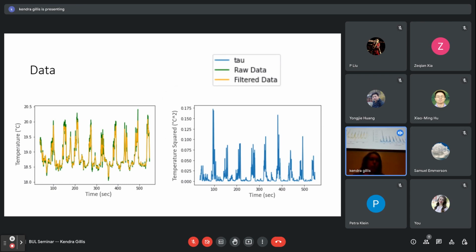Like at this 100 point, the raw data deviates significantly from the filtered data, and you can see tau spikes up pretty high, as opposed to the 300 point where the raw data and the filtered data are pretty close together and tau stays pretty low. So this is a good visualization of how tau compensates for the data that we use by just simulating the larger eddies.